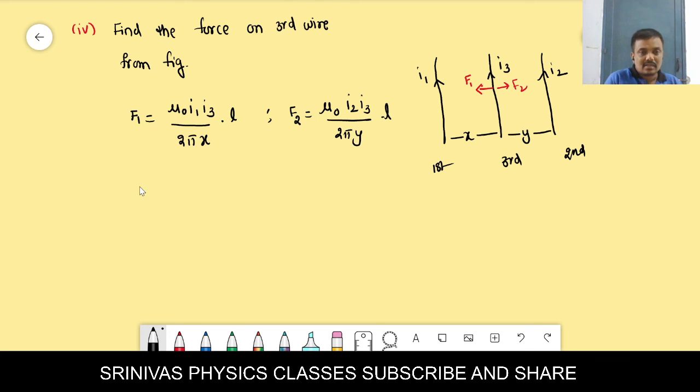Now they are in opposite directions. Then we have to subtract to find out the net force.